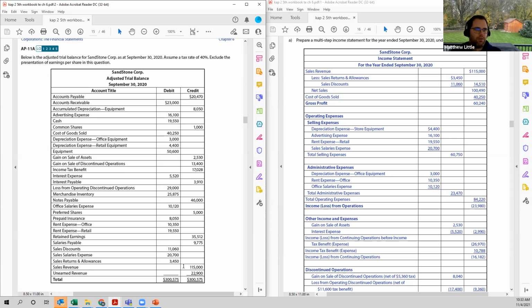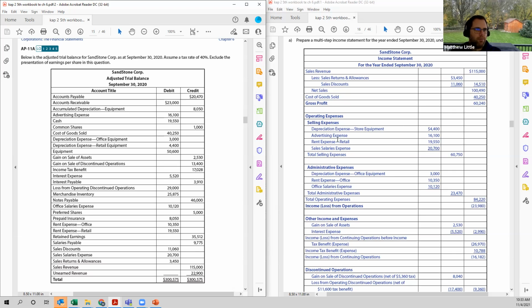So we'd have our gross sales revenue of 115, less sales returns and allowances, less sales discounts, okay? Net sales of 100,490. Our cost of goods sold, we're told, is 40,250, matches there, for a gross profit of 60,240.